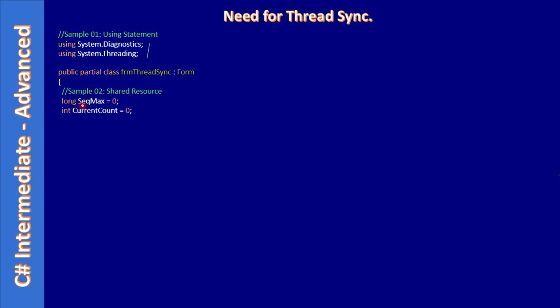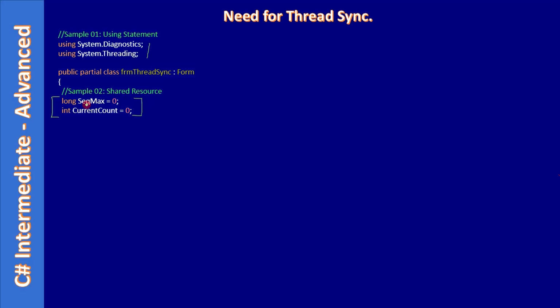Here, if you see, we declared 2 shared resources. One is seq max, which will tell how many times we want to run the loop. So this is not actually the sequence maximum number.